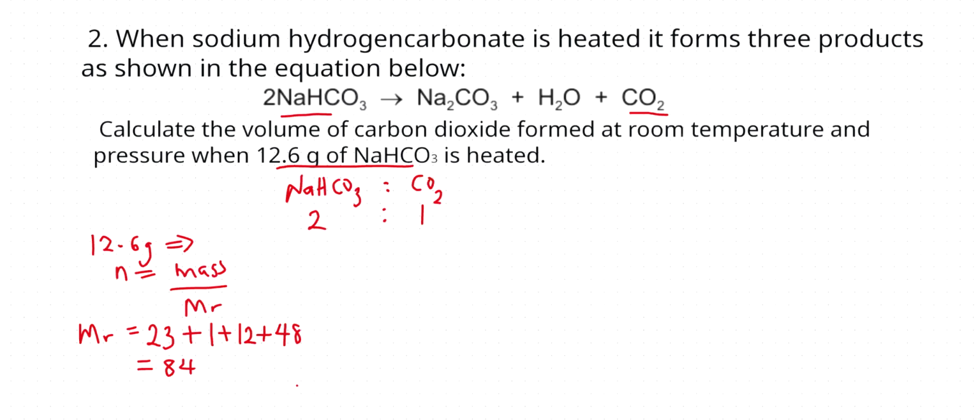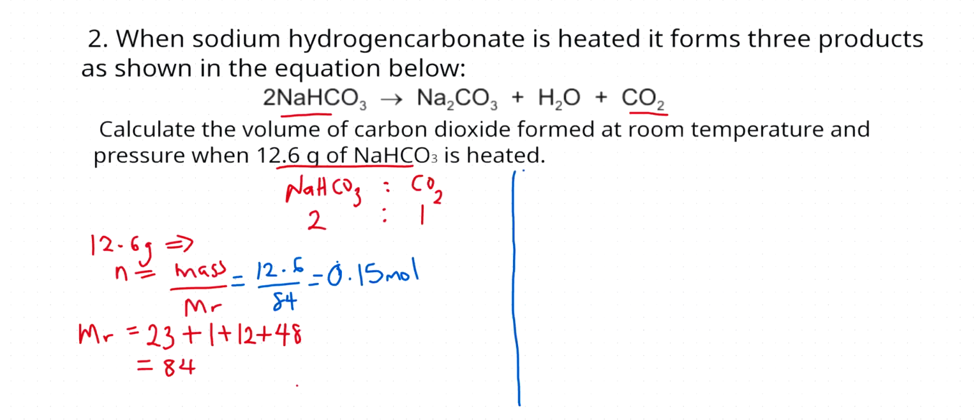So we're going to slot that back to get the number of moles that 12.6 gram will give us. We're given the mass, which is 12.6, divided by the molecular mass, and that is 84. And that gave us 0.15 mole.